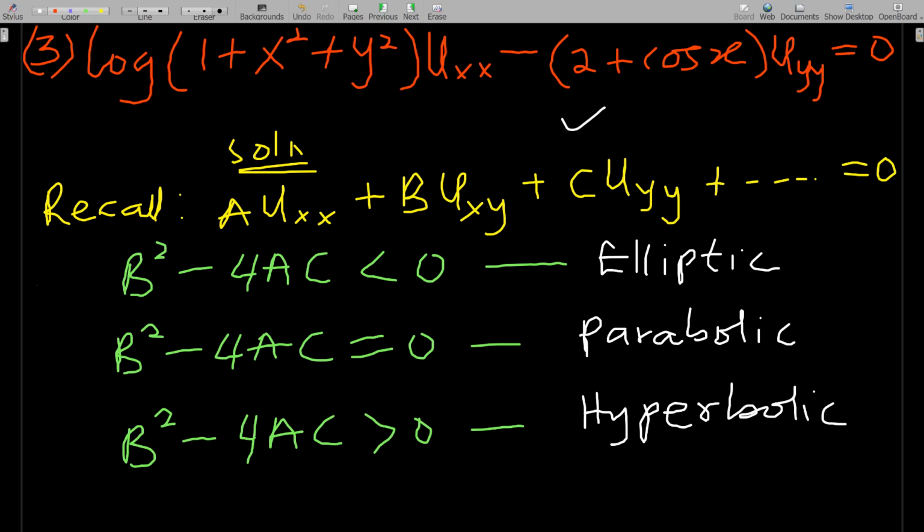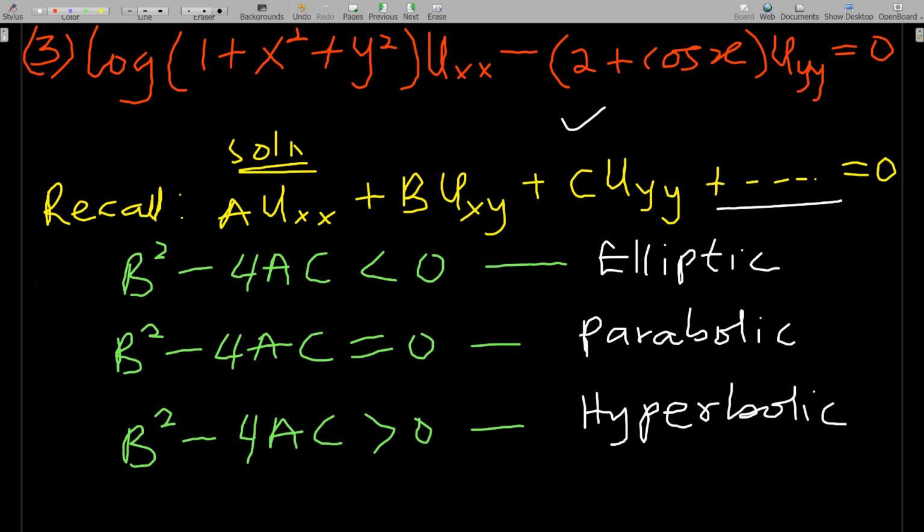Now, to classify a second order PDE, we have to rewrite or compare the PDE to the general form A uxx plus B uxy plus C uyy plus the rest. The rest are not important when it comes to classifying.